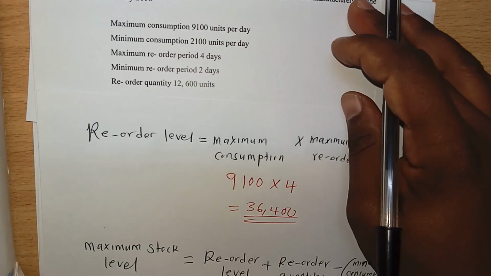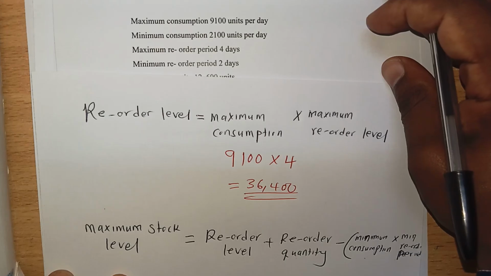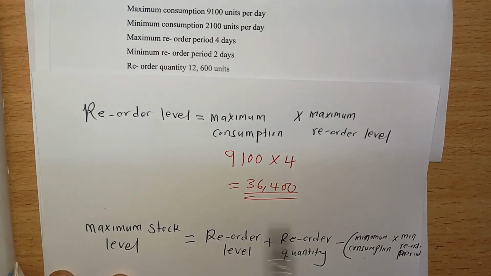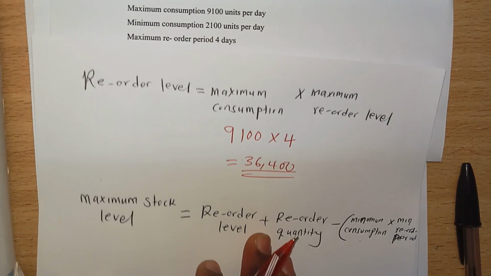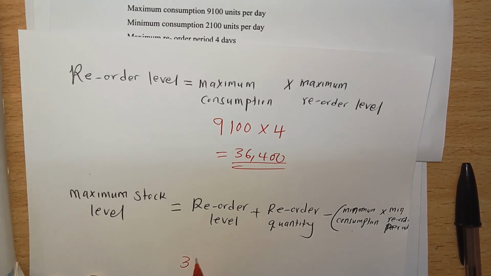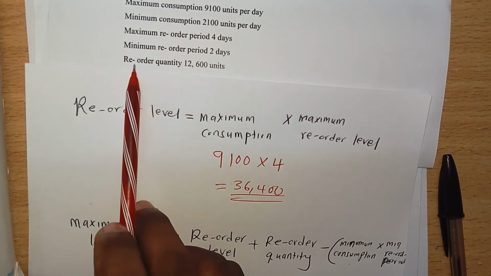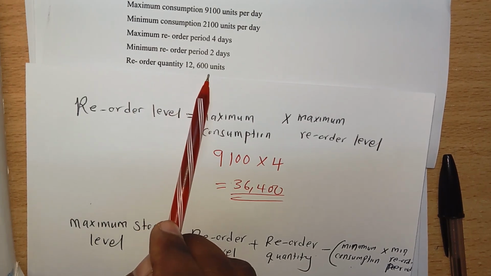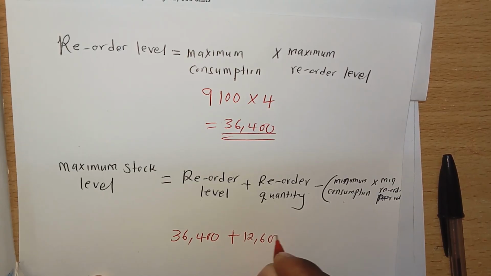Because we have been given everything in our question, we can see that the reorder level is the one we calculated in the first part. So the reorder level in this case is 36,400. You add the reorder quantity, which we have been given as 12,600 units.